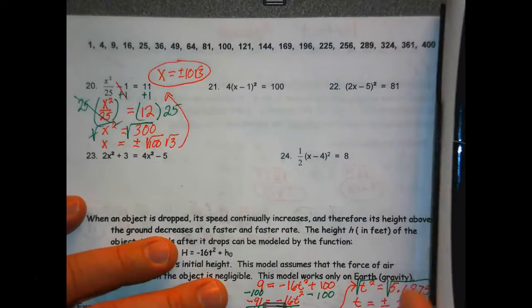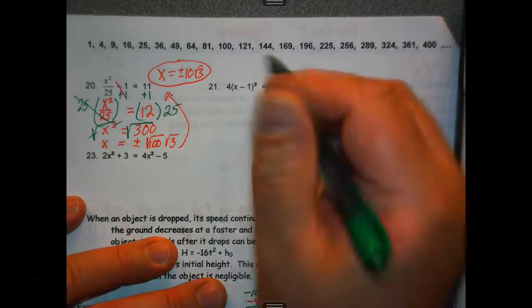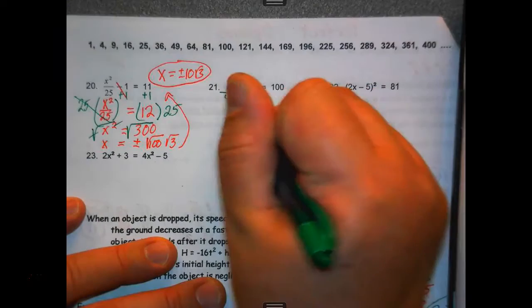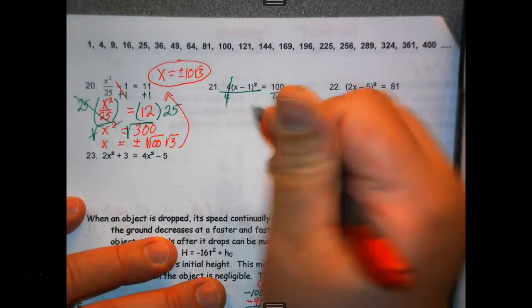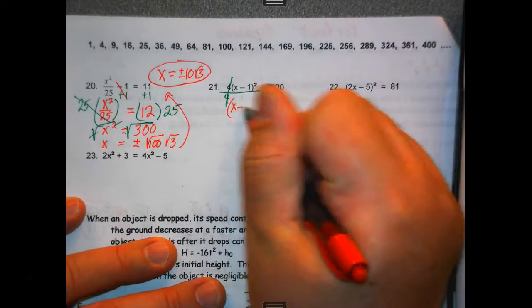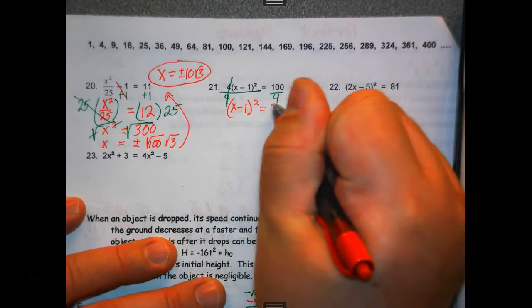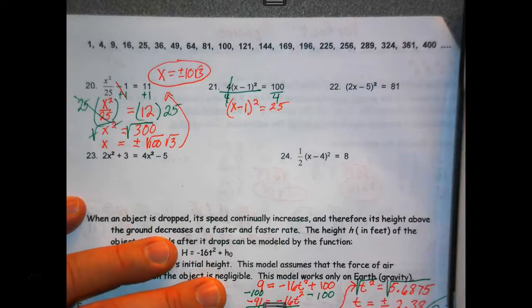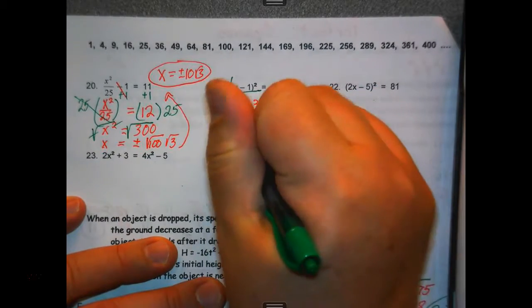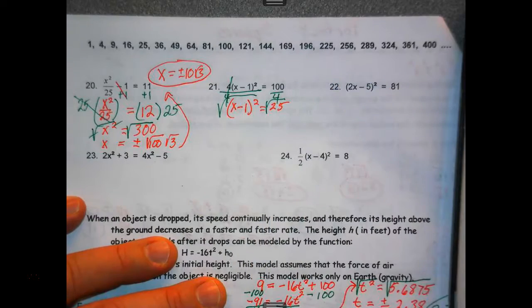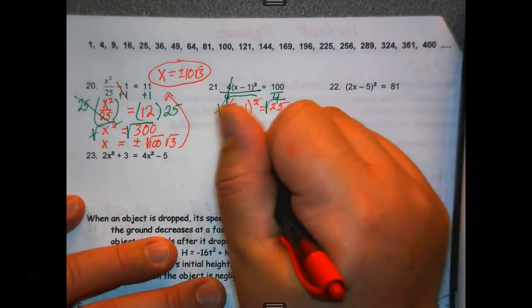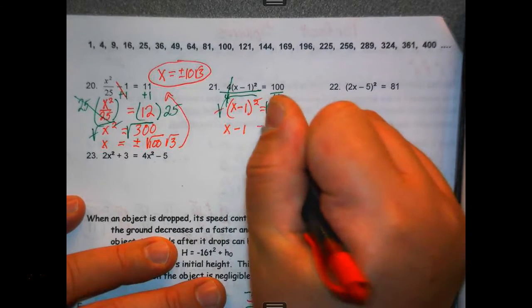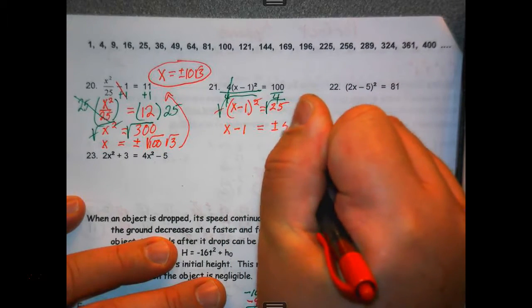Number 21. I'm going to divide by 4 first. So I get the quantity x minus 1 squared equals 25. This one's kind of easy too. Square root cancels out the power 2. So I get x minus 1 equals plus or minus 5.